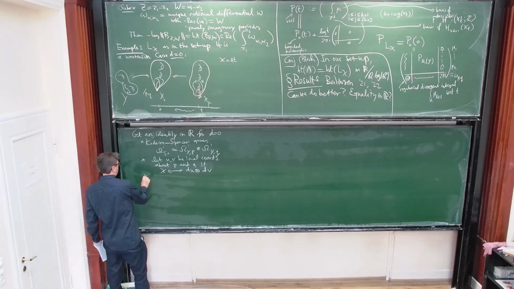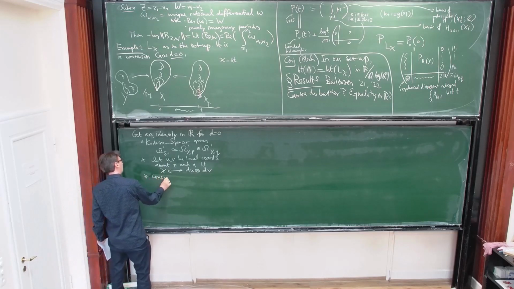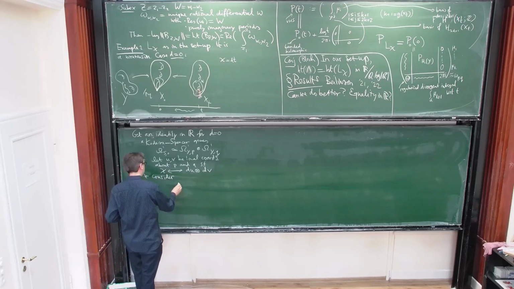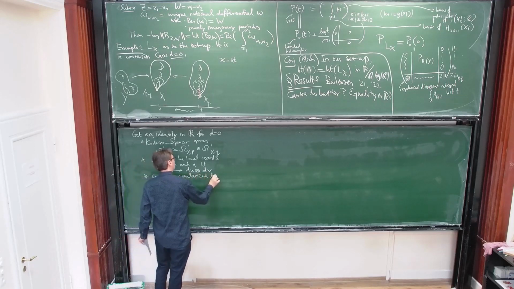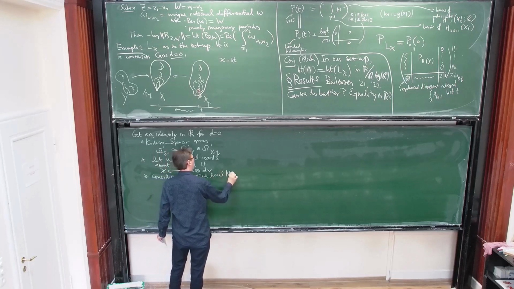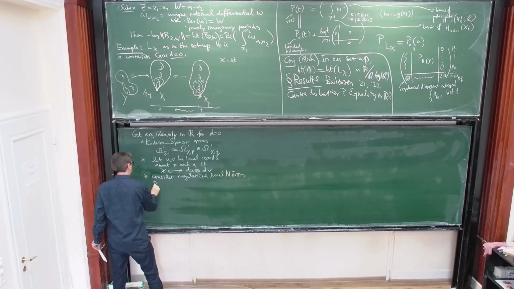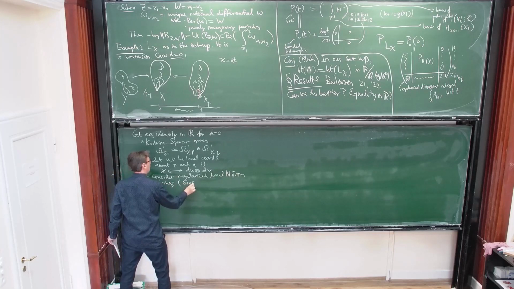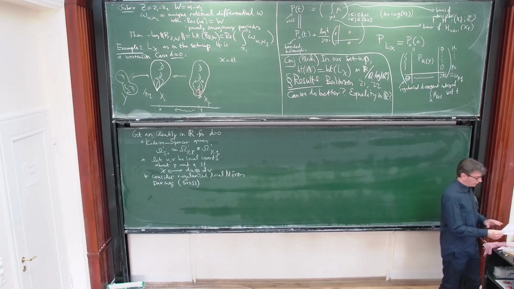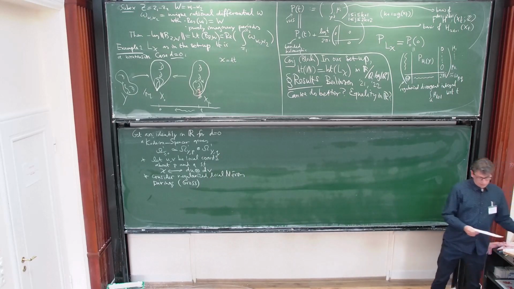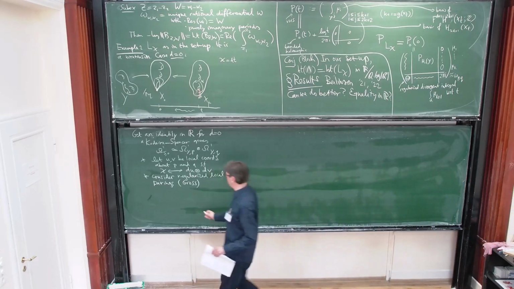Then I can consider regularized local Néron pairings. This idea goes back to an article of Gross in the Cornell-Silverman volume in arithmetic geometry. So this would look like something like the following.